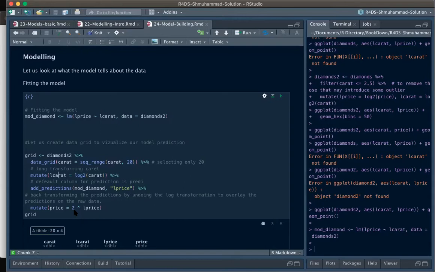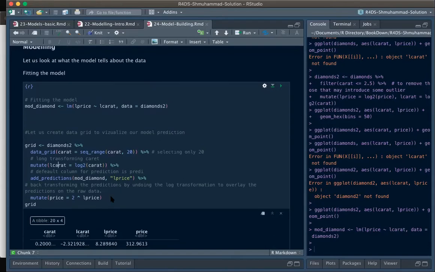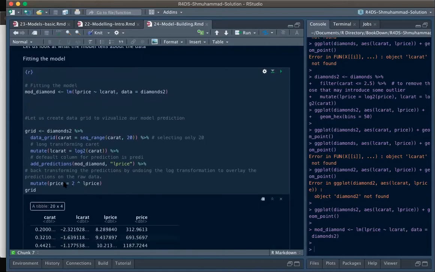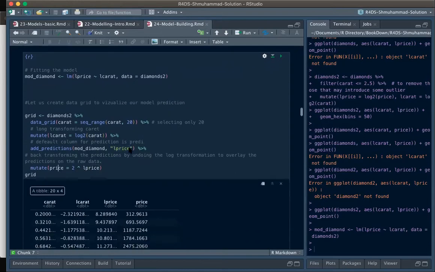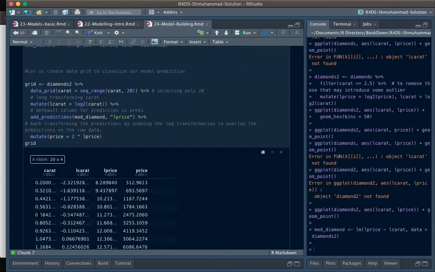Yeah. Okay. So in logarithm, when we have the base log 2 of x, and we want to find the value of x, we take the 2 power of the stuff. So if we have the L price, which is the prediction, then this will give us the original prediction. That is why here we have the Cohort, the L Cohort, the L price which we renamed, and also the original price.